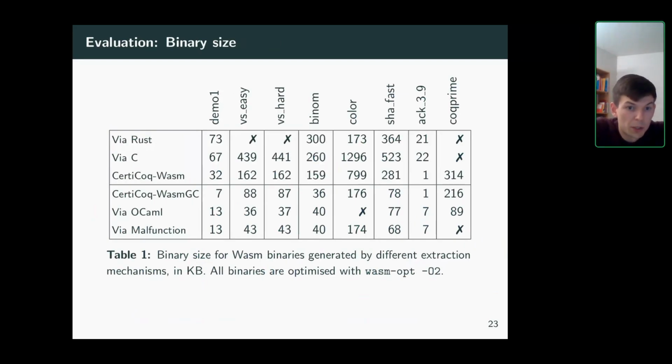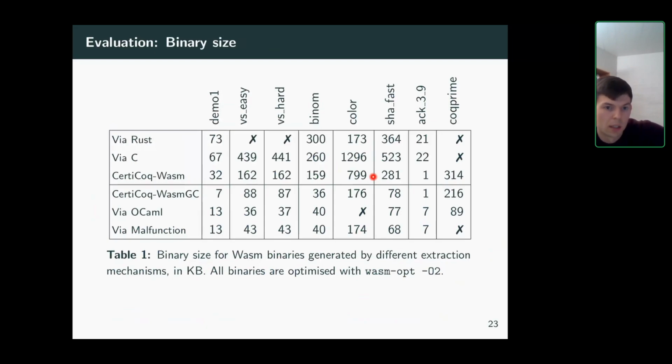In terms of the binary size, above in the upper half, we have the ones that target Wasm 1.0. And for these, our tool generates the smallest binaries, except for the color benchmark, where the Rust one is better. But compared to the C one, we generate significantly smaller binaries.